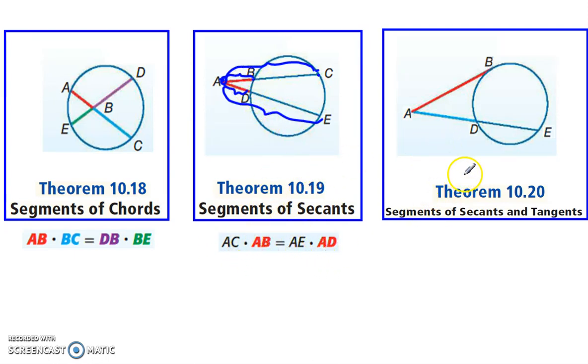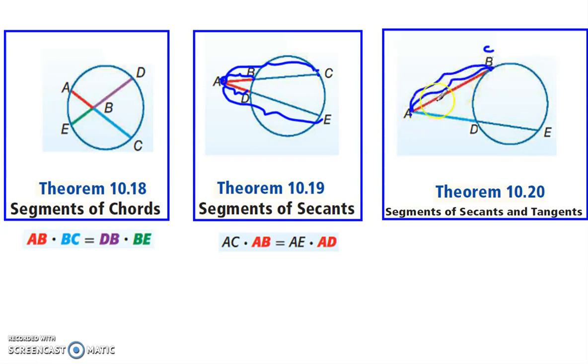Now in tangents, it works the same way as secants, except it never intersects the circle, so there's no outside or whole. So the part outside, B basically is the same point as C. So I'd have the outside point and the whole, that's the same thing.